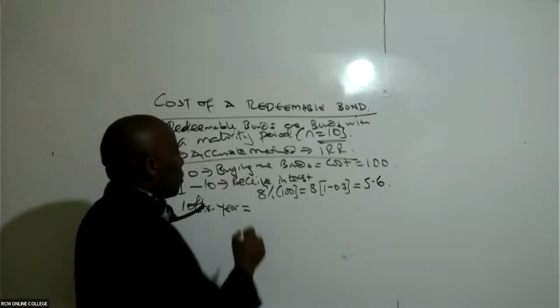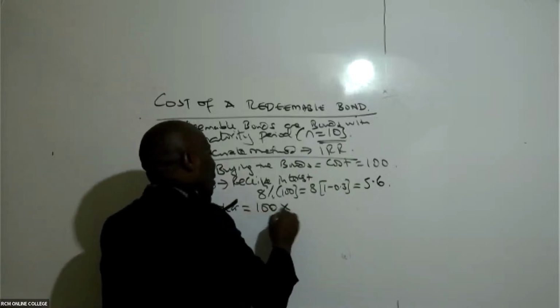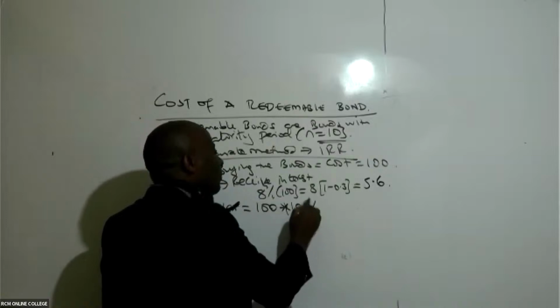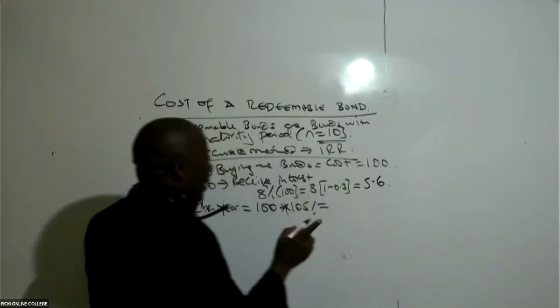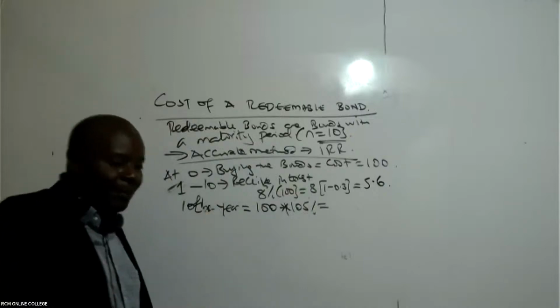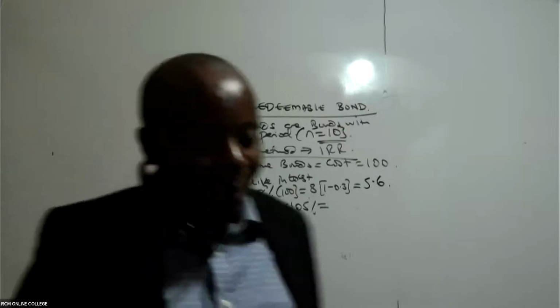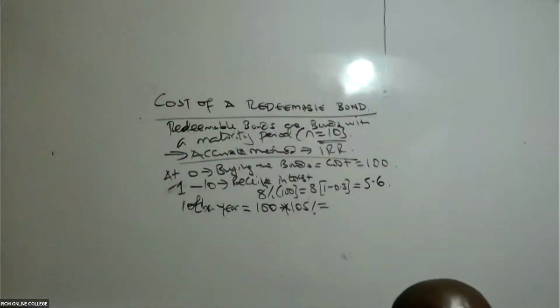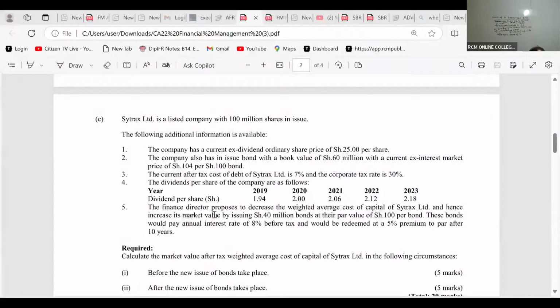So remember, on redemption, I'm going to get back my par value, but at a premium. I'm going to get back my bond amount, but it's not returned at exactly 100. There is a premium of 5%. Let me read this. The finance director proposes to decrease the WACC of C-Trucks Limited and hence increase its market value by issuing shillings 40 million bonds at their par value of shillings 100 per bond.